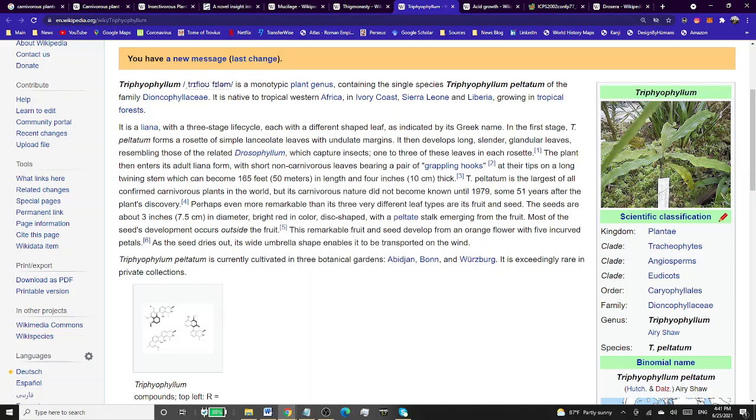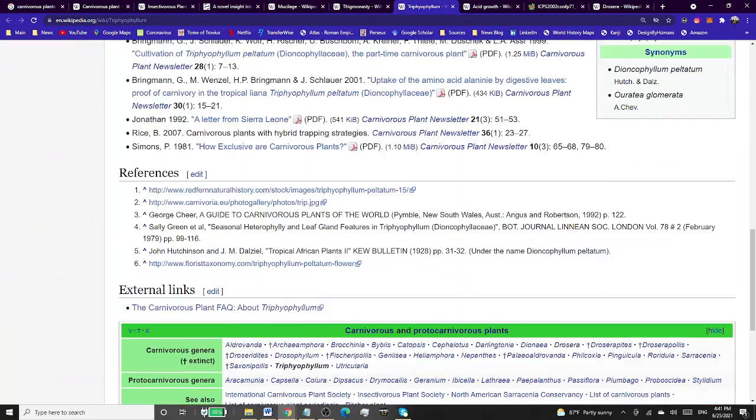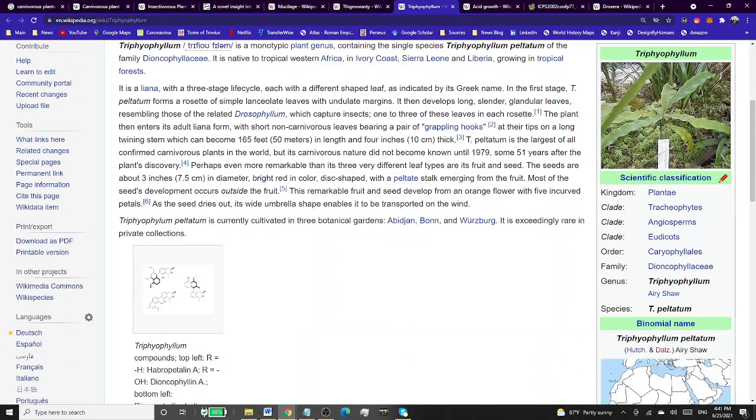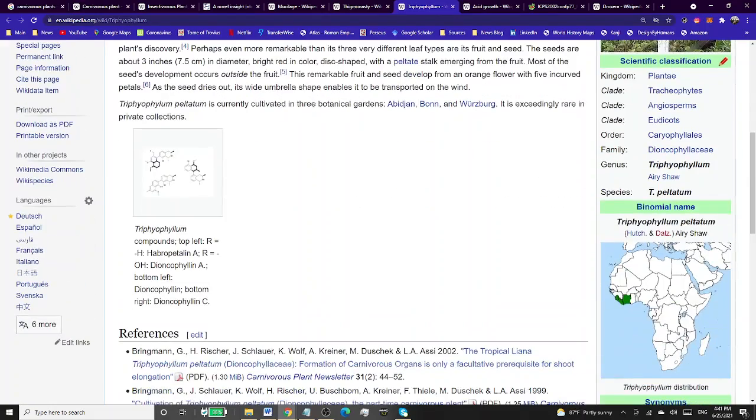So how does it eat them? Okay, there's no explanation of carnivorous behavior. It says they do this, but I'm not seeing them, so maybe they're just not included here.